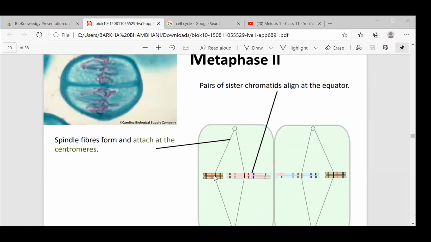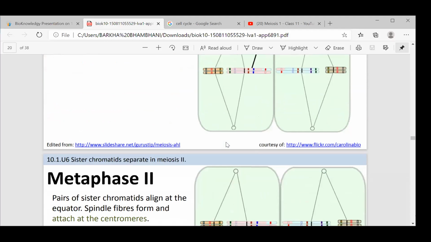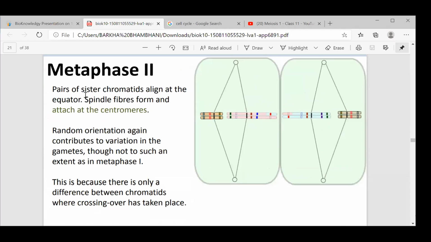When the sister chromatids are getting aligned, the spindle fibers will connect to the kinetochores or the centromeres. And at that time, the sister chromatids will be separated from each other. So, a pair of sister chromatids align at the equator and spindle fibers form and attach to the centromere.